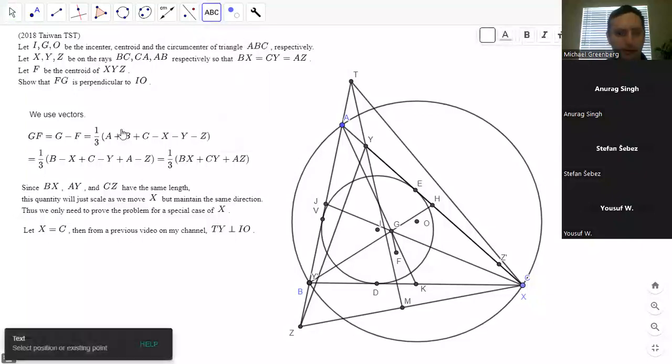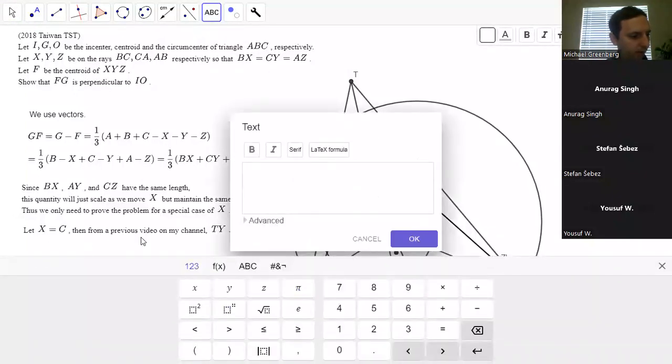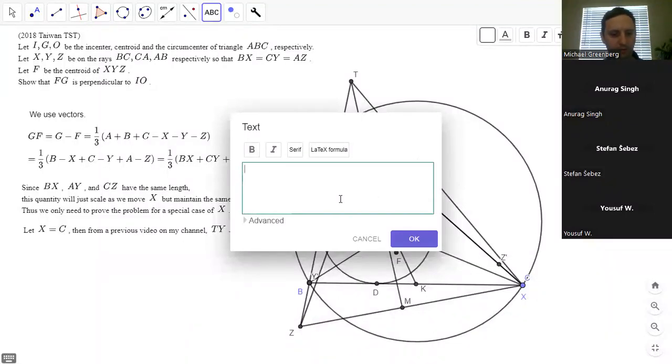And then the rest is really just the length chase. So then we have GF is equal to a third. So we still have that same expression.